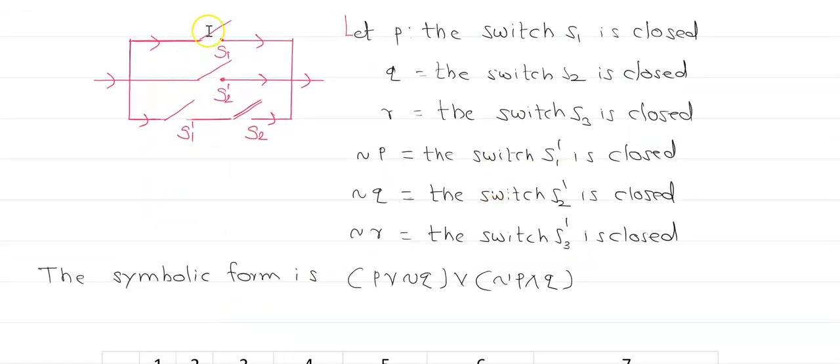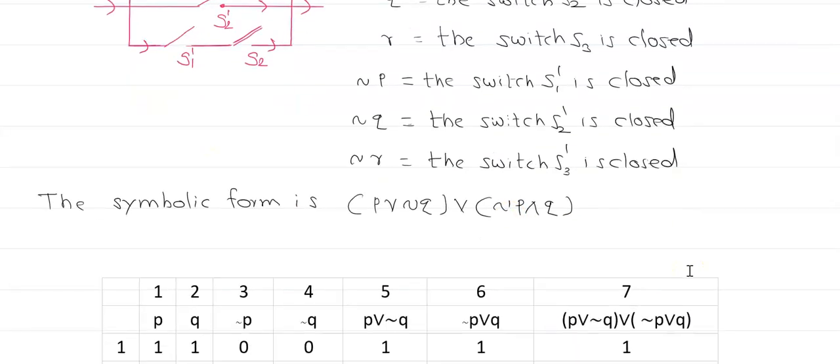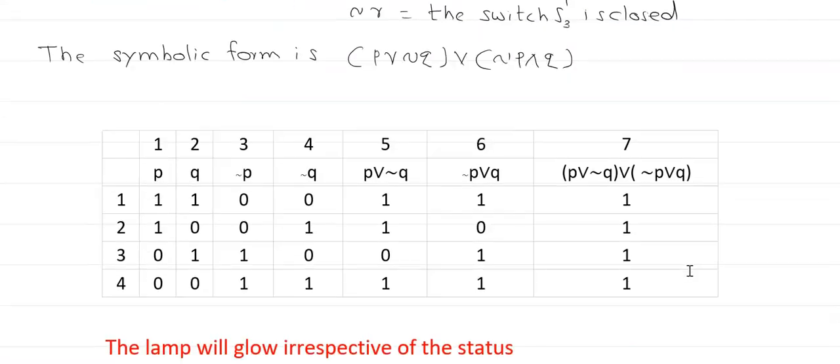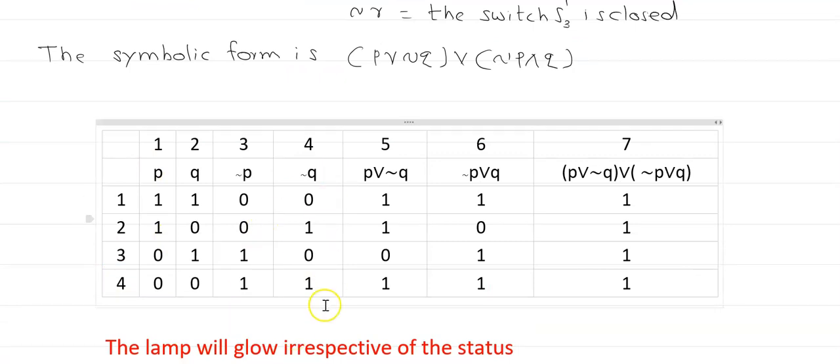Now see here, P or negation of Q, or negation of P and Q. Now we'll write the statement pattern: P, Q, negation of P, negation of Q, then or between P or negation Q, and next negation of P or Q, and or between column number 5 and column number 6.